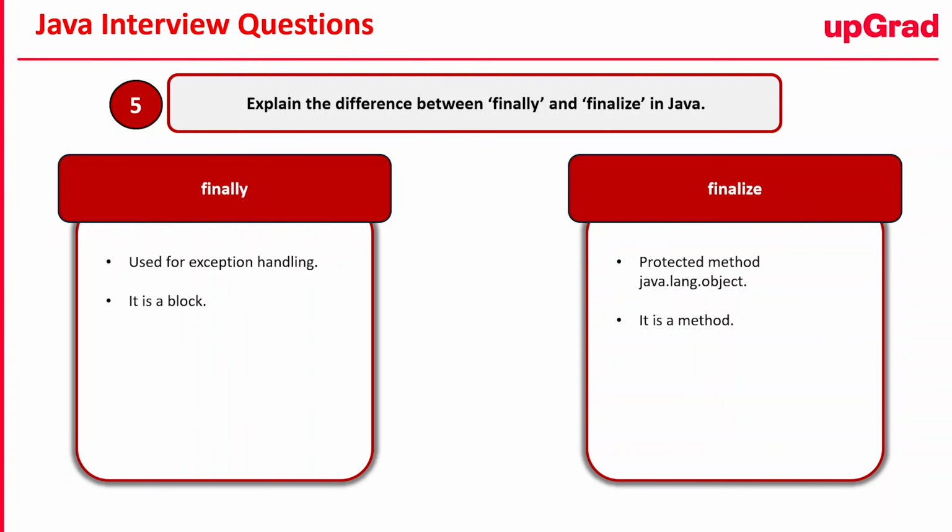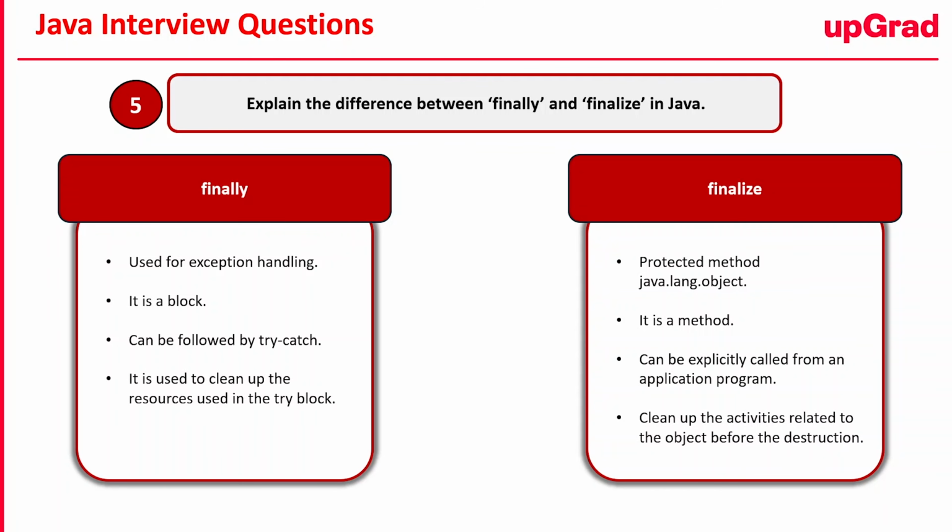Third, finally can be followed by try and catch, or used without catch, whereas finalize can be explicitly called from an application program. Finally is used to clean up the resources used in the try block, whereas finalize cleans up activities related to the object before its destruction.